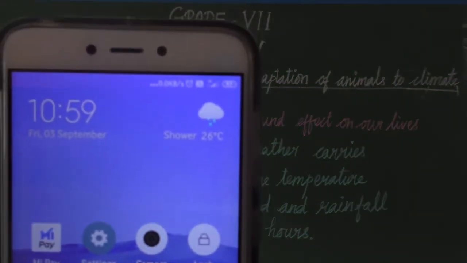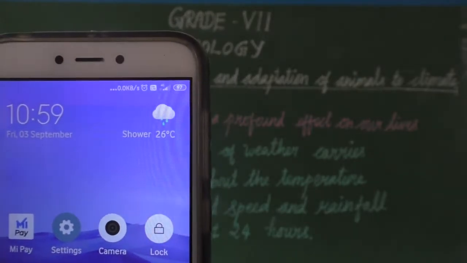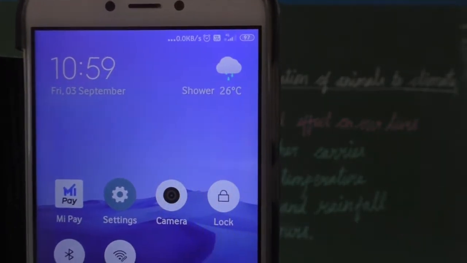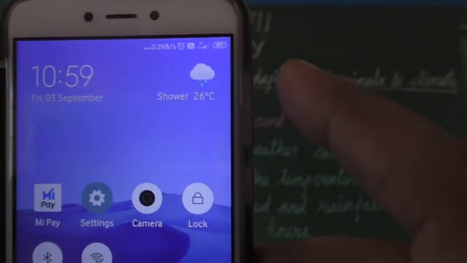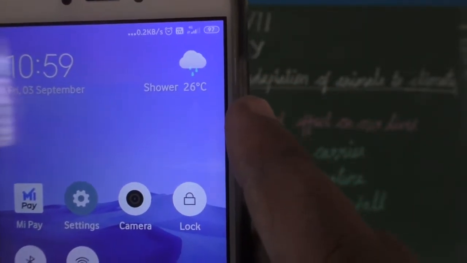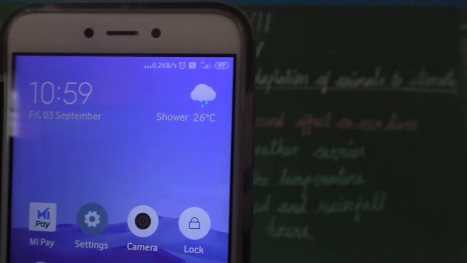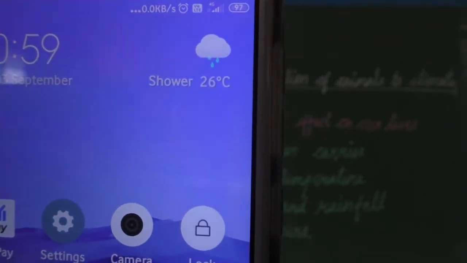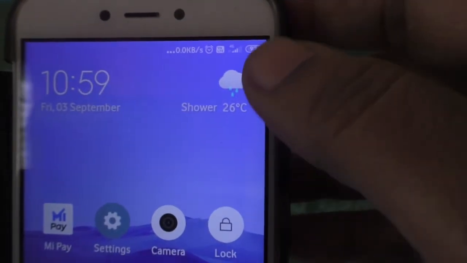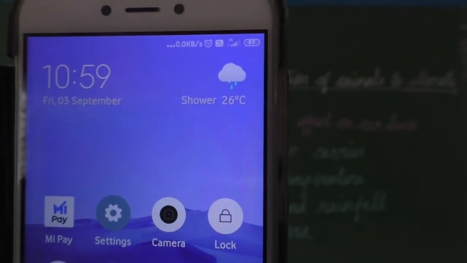See children, today is 3rd September, and in my phone we can see it like this, isn't it? What is today's temperature? 26 degrees Celsius, isn't it?